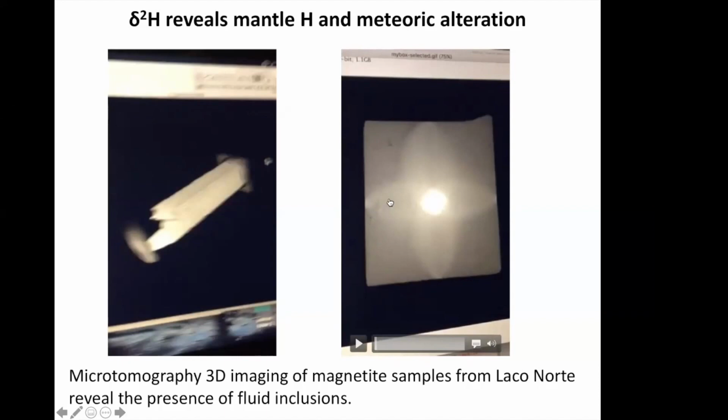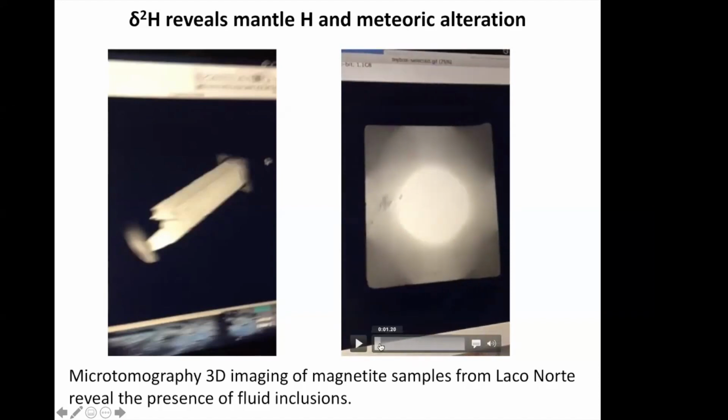And everything that shows up to your eyes as dark is a lighter density, or lower density, fluid, or let me say lower density phase.